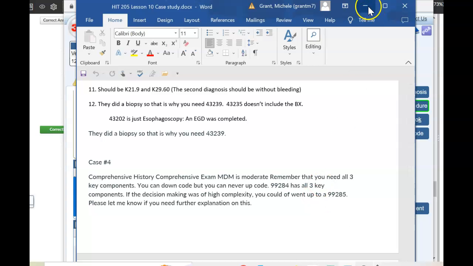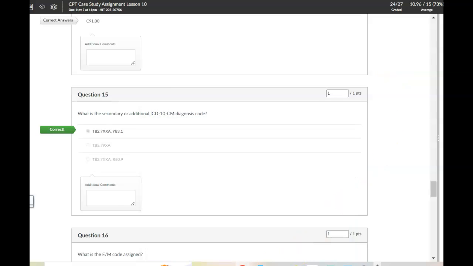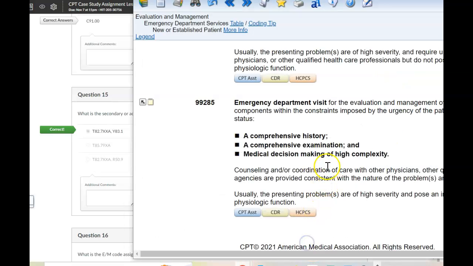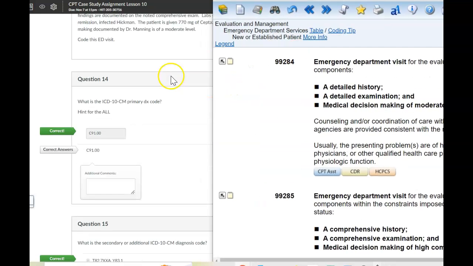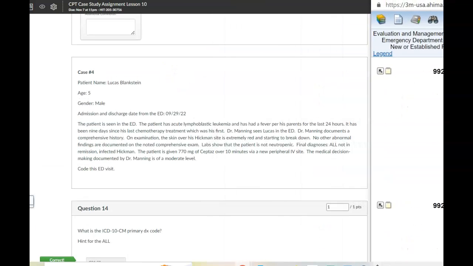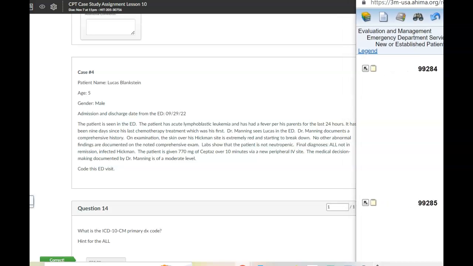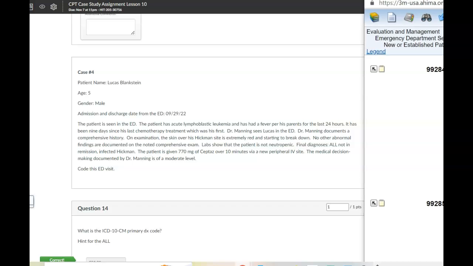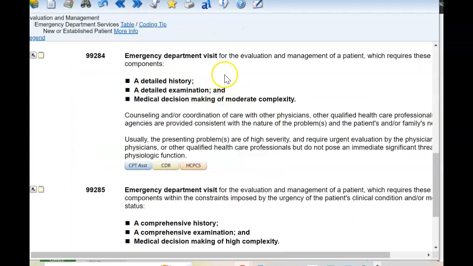All right, so let me pull up the CPT code itself. Okay, so we have 99284, and we are going to look at the scenario up here real quick. As you can see, we have findings for a comprehensive exam. We also have a comprehensive history.